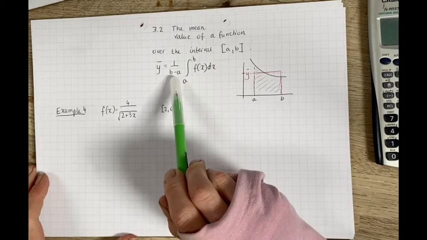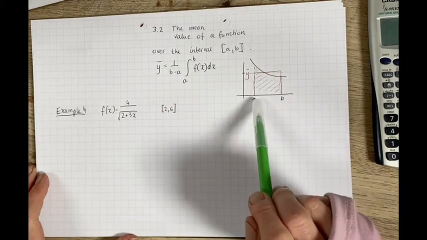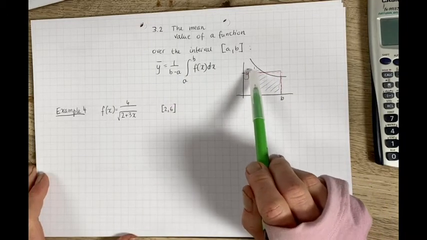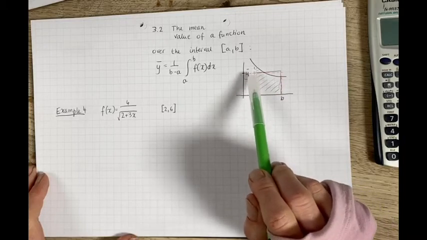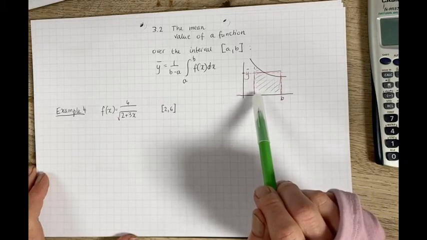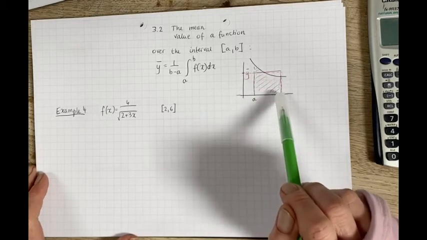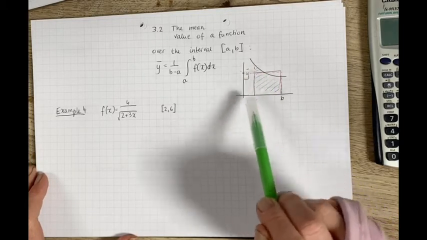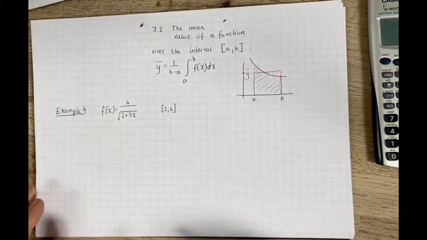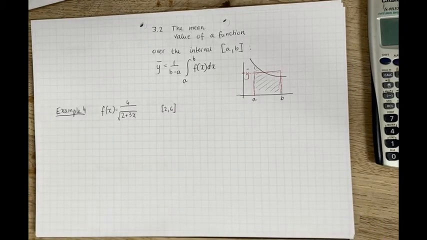Technically, if you look at the picture, you're finding what height this rectangle would reach if you were to obtain the same area as the area under the curve. Okay, so this is what the mean value of the function is defined as.